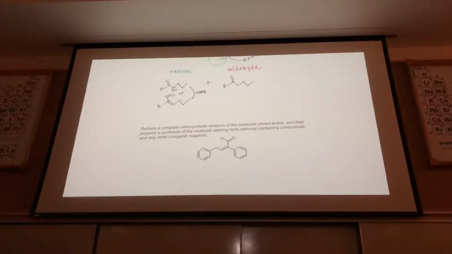So notice that I have an alpha carbon right here to a carbonyl, so that must have been my enolate, right? So the alpha carbon attacked, and that pi bond is where the new sigma bond was.